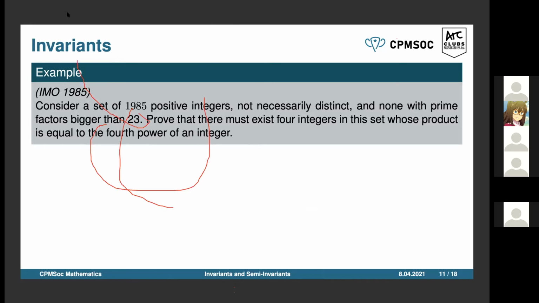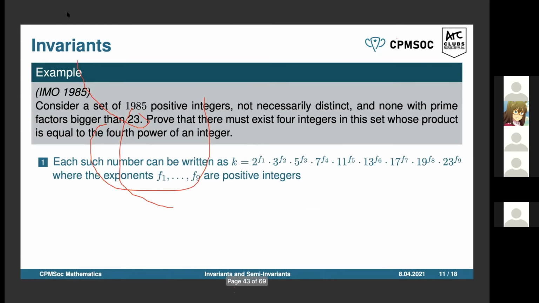So we can go to the next dot point. Okay, I think I might be having some technical issues, but let's see.